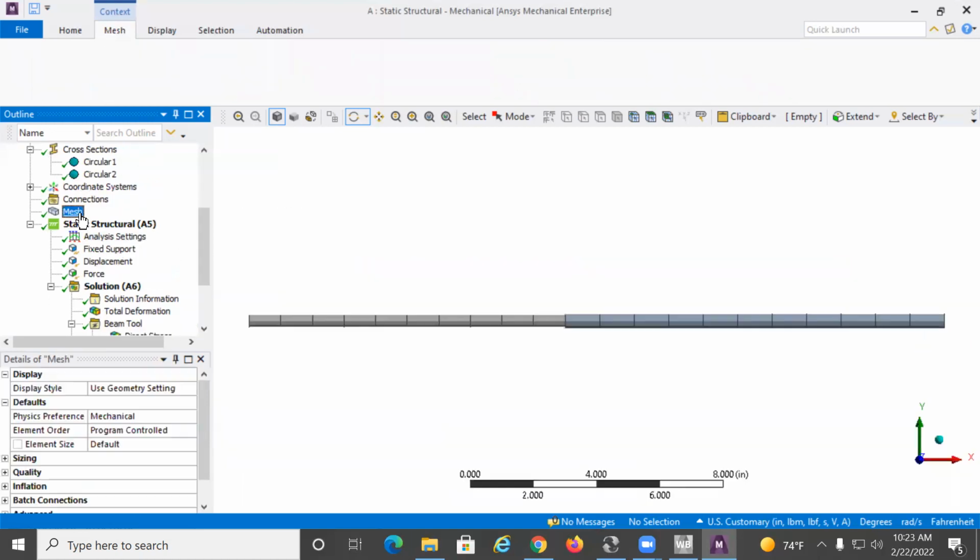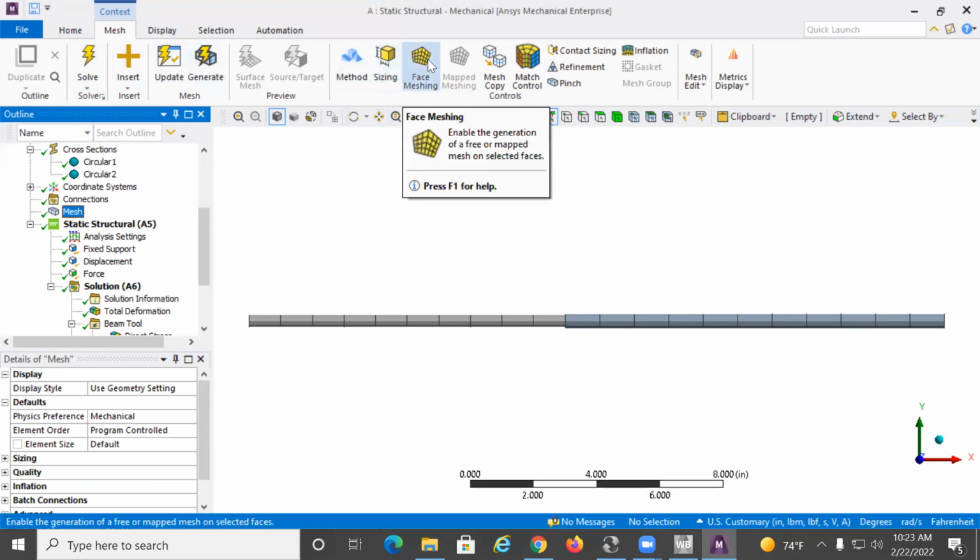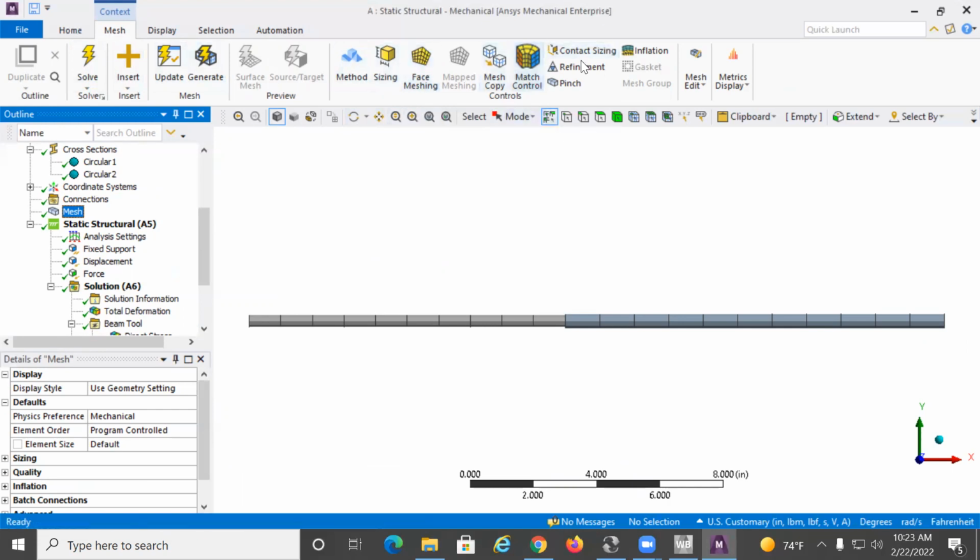And this is something we can sure do in ANSYS. You see here, mesh, I can control the sizing, I can use face meshing, I can copy a mesh, I can use match control. So there are controls that help you choose how fine you want your mesh to look like if you want to do that.